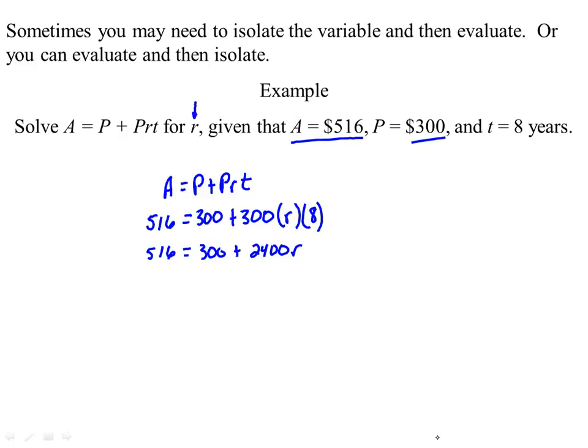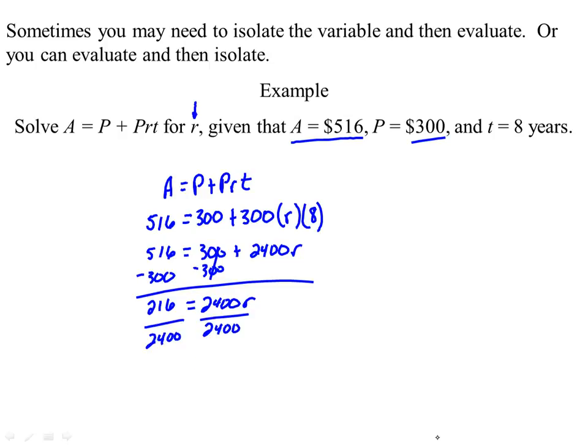Now you know what you're going to do. You're going to minus 300 from both sides. And so you're going to have what? 216 is equal to 2400 R. And then if you divide by 2400, you're going to get 0.09.